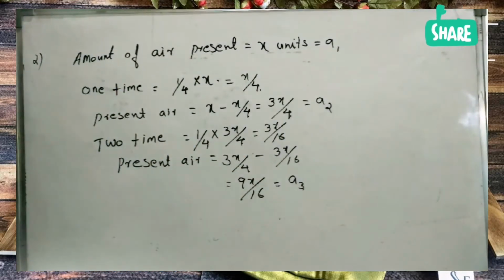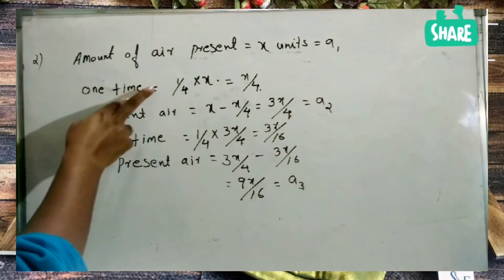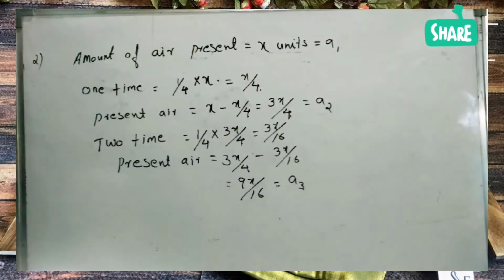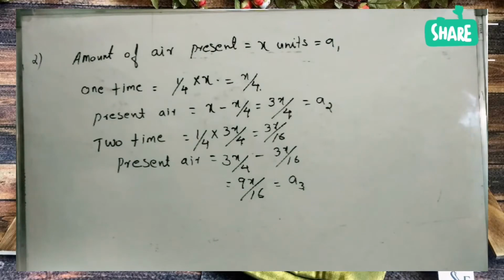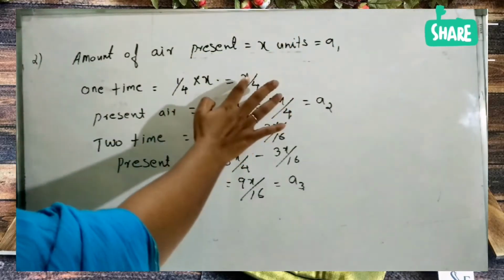So just listen. We have one cylinder and we take the amount of air present in the cylinder, starting with x units. If we remove air using the vacuum pump, that is 1 by 4th of the air present, one time we can remove x by 4 of the air.